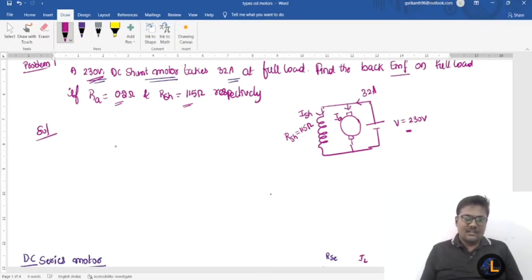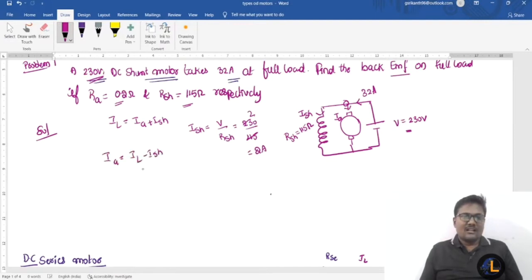If we apply KCL at this node, IL is equal to IA plus ISH, and ISH is equal to V divided by RSH. V is 230 and RSH is 115, so the shunt field current is 2 amperes. Then IA is equal to IL minus ISH.